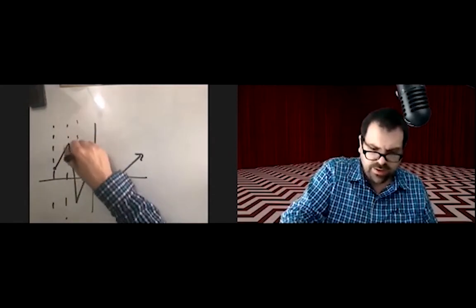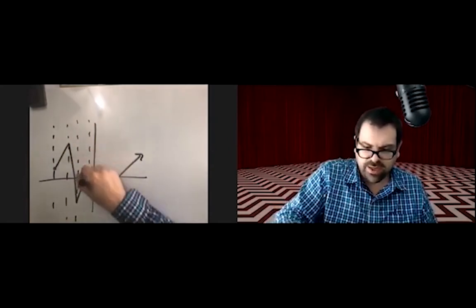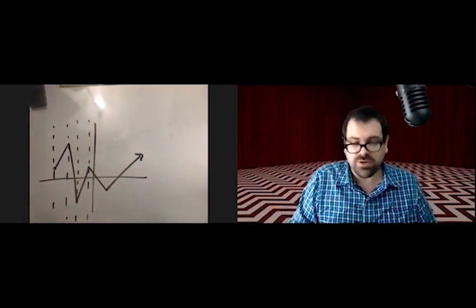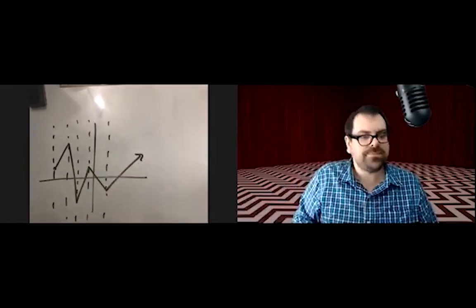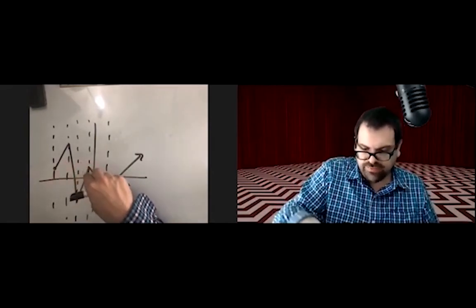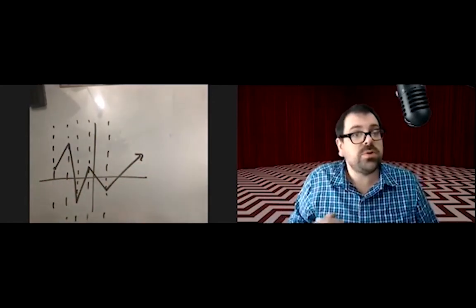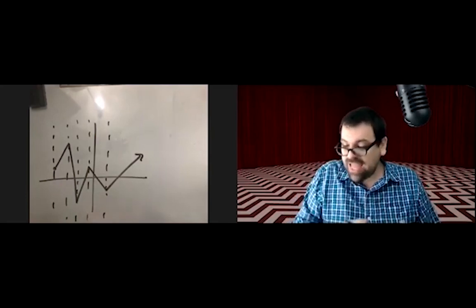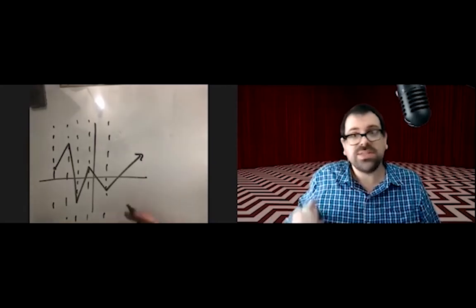And then between here and here, that's a piece of some larger line. And between here and here, that's a piece of some larger line. And between here and there, it's this side of that line. So if we cobbled together these 1, 2, 3, 4, 5 things and put restrictions on the x values we were looking at, we could get this function written in numbers and letters.